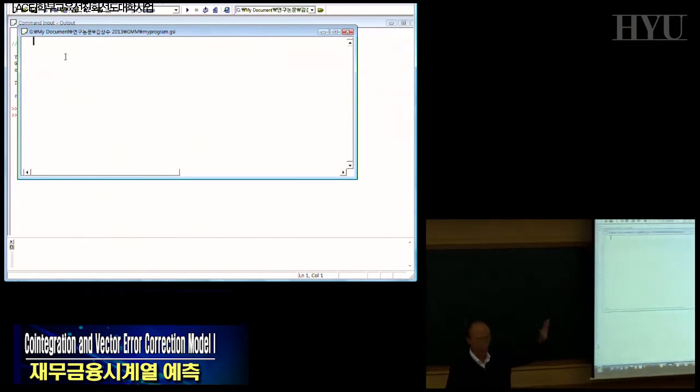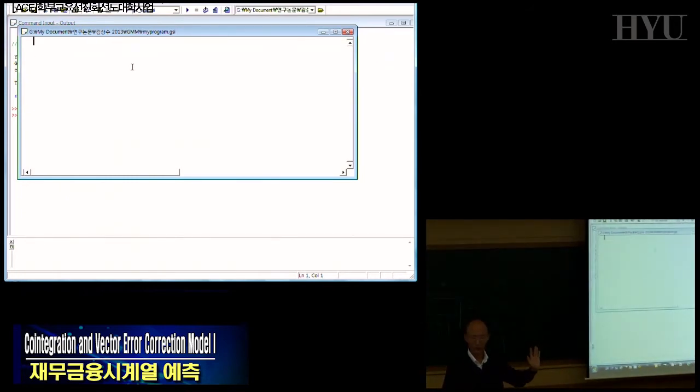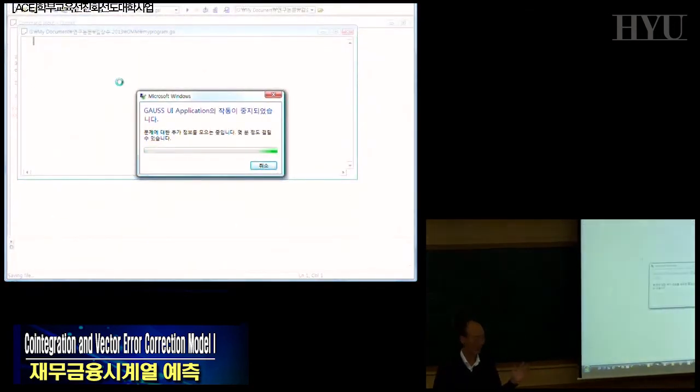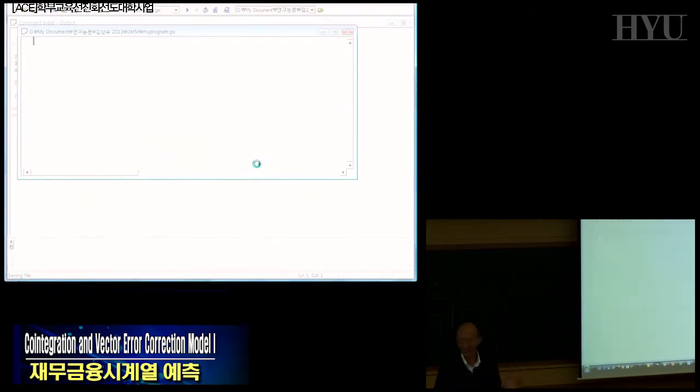So you can type things here. Okay. Gauss is very powerful, but you probably feel helpless because it doesn't say anything. So if you run it, nothing will happen because you didn't instruct anything, right? So in Gauss programming, see, it's complaining.